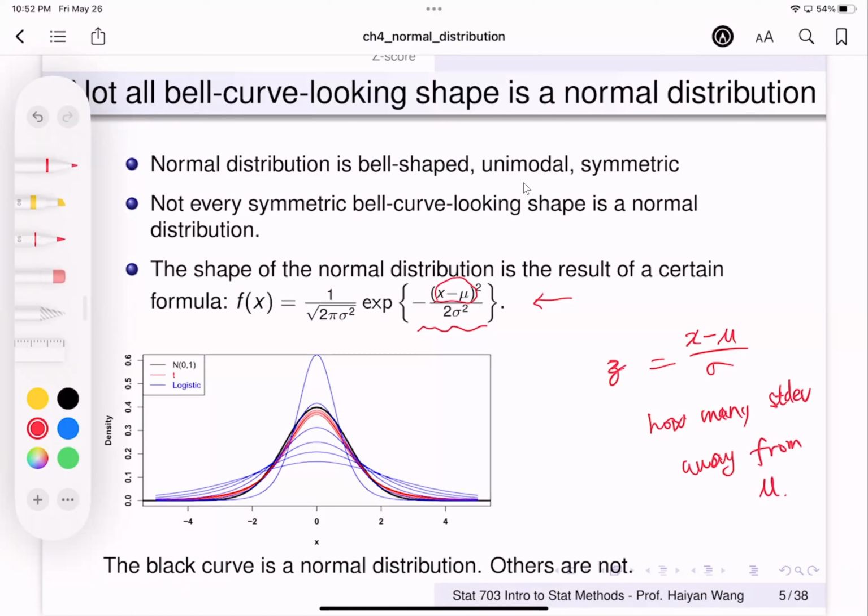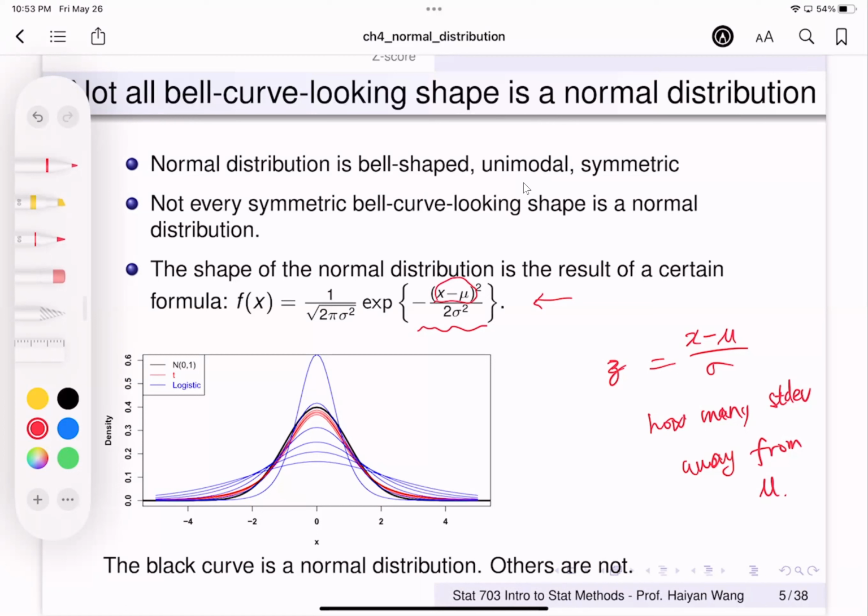So in the exponential part, it is negative one half of the squared number of standard deviations away from the mean. And outside, we have 1 over the square root of 2 pi sigma squared. This formula is particular to the normal distribution. We could change mu or sigma, and different mu or sigma would refer to different normal distributions.